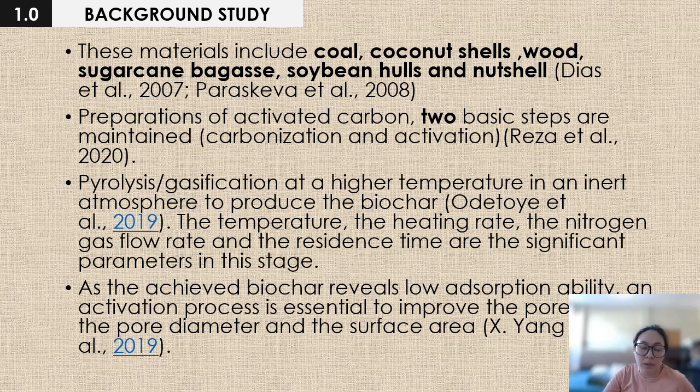Not combustion, carbonization. To achieve good quality, it needs good absorption ability. If it has a low absorption ability, you need to undergo another activation process to maximize the pore diameter and the surface area.